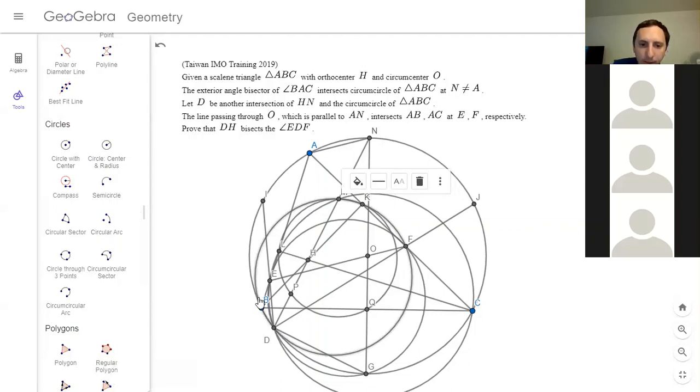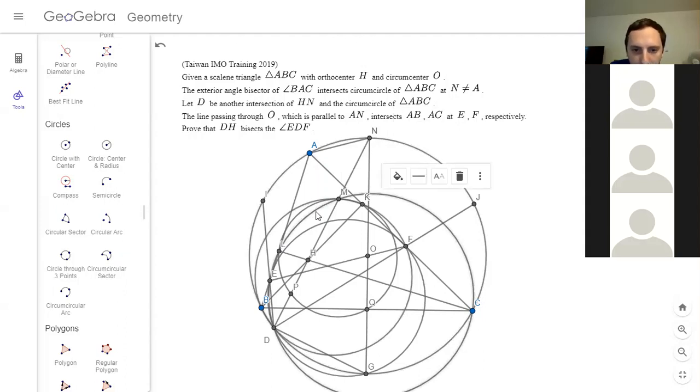Okay, yeah, we want to show DBMK is cyclic. So we would have BH times HK is CH times HL. Yeah, once I could show that DLMC is cyclic.